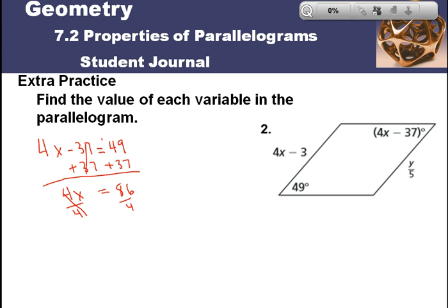I guess I'm going to go with the decimal. So the decimal again was 21.5. Oops, sorry. So x is 21.5. Well, now that's good, but now we have to find y.